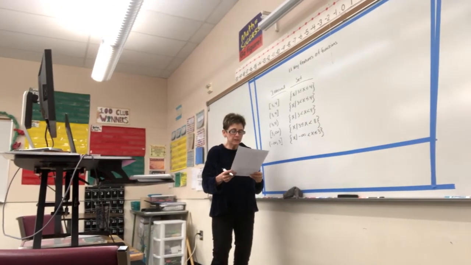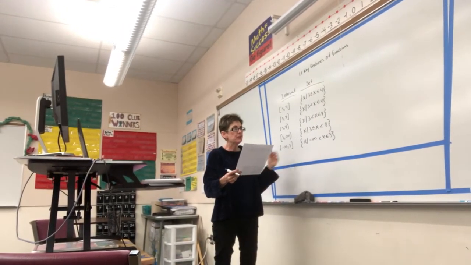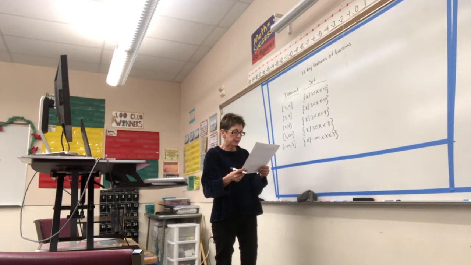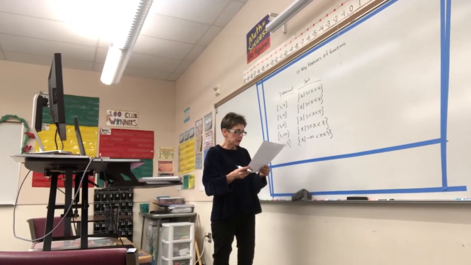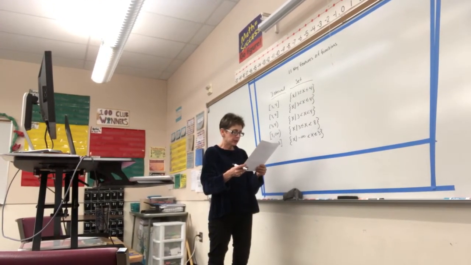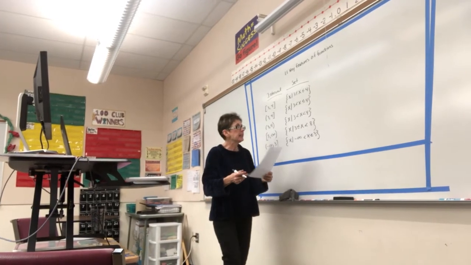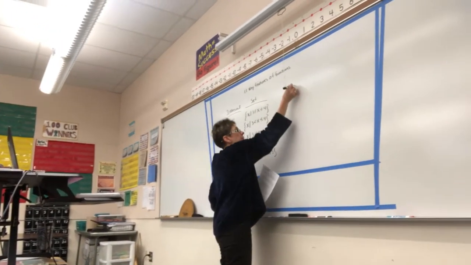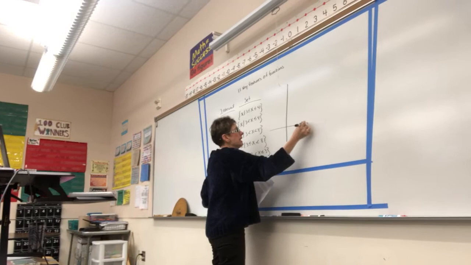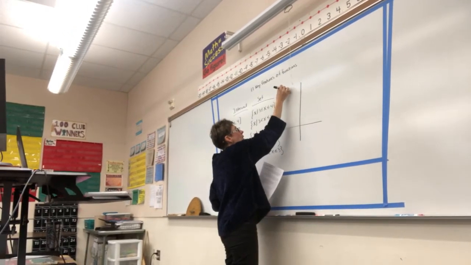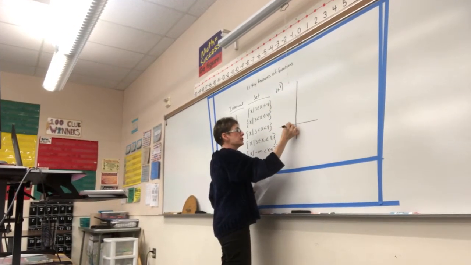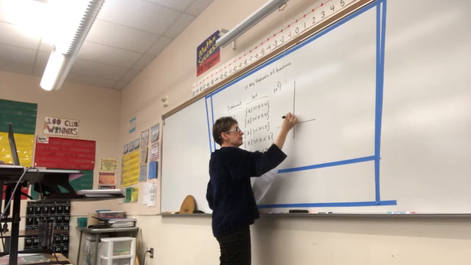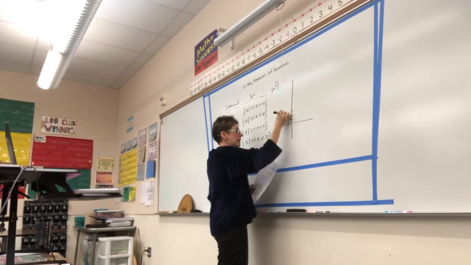Okay, let's look at how we could use this notation in describing a graph. I am going to draw an absolute value function with a vertex at -2, 3. Let's have this be example 1. We're going to draw our vertex at 2 to the left and 3 up.